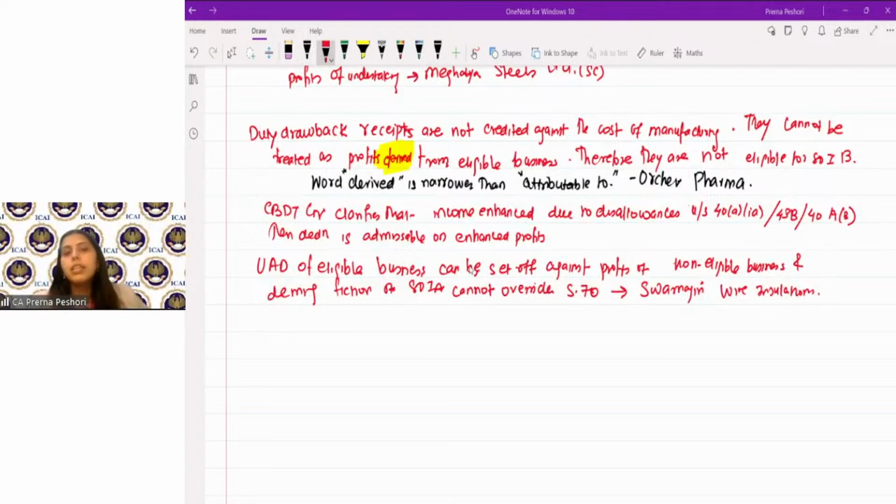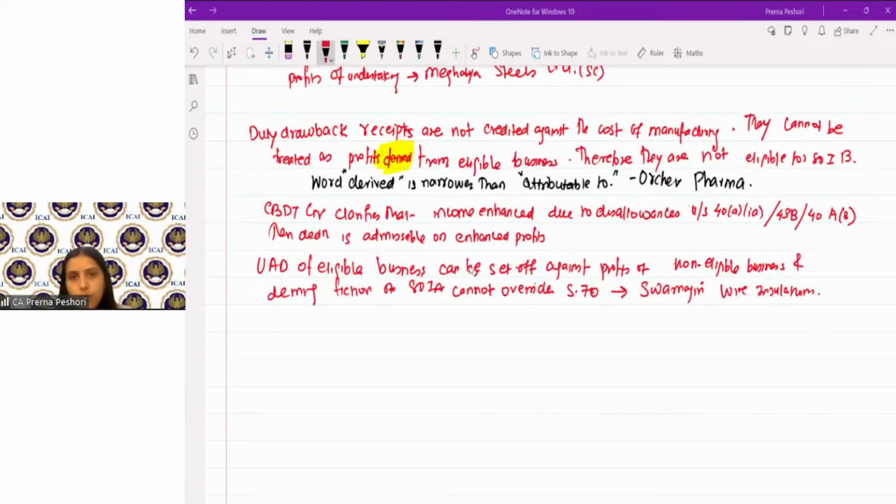Okay. Then the next case is in the context of whether, let's say, an assessee has not claimed deduction under 80IB in the initial years and starts claiming the deduction for the remaining years during the period of eligibility.